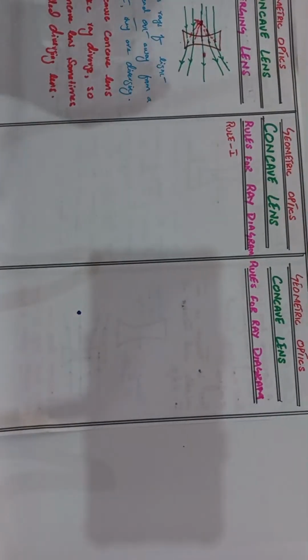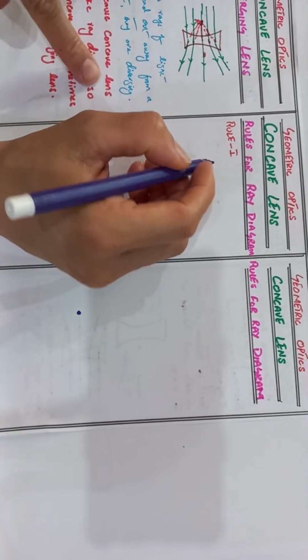First rule: rays parallel to the principal axis will pass through the focus.